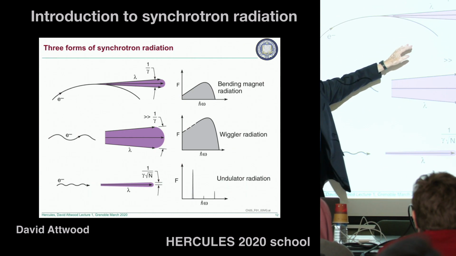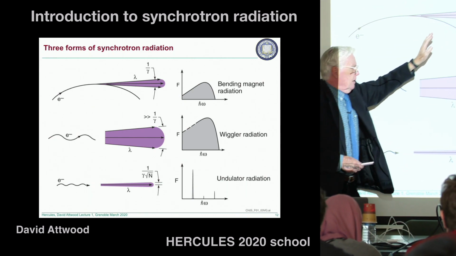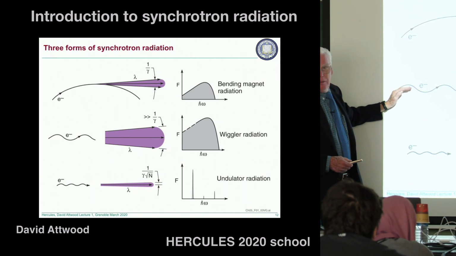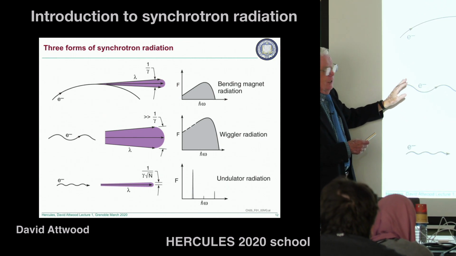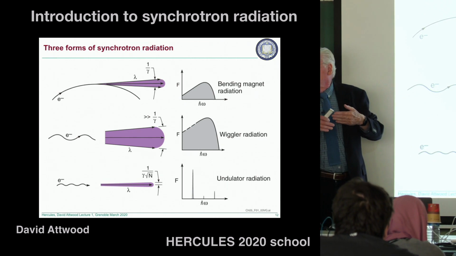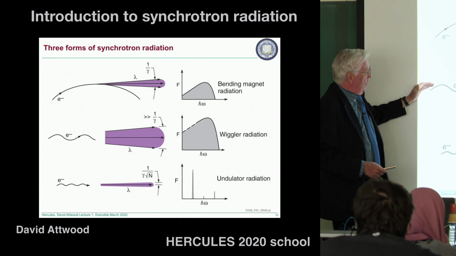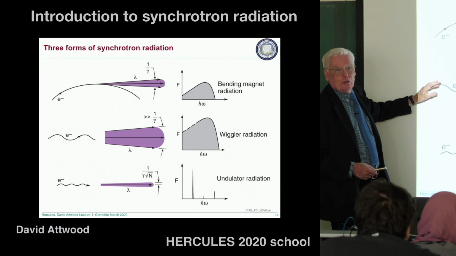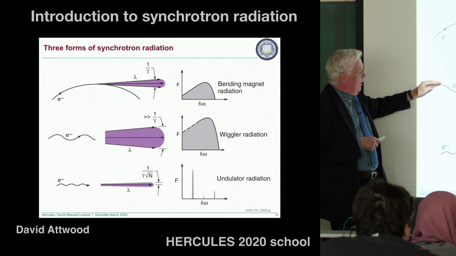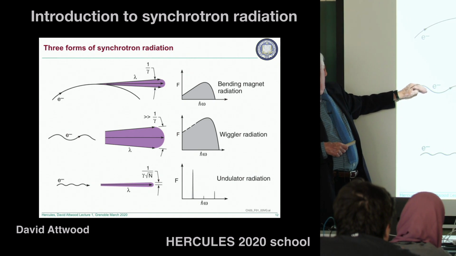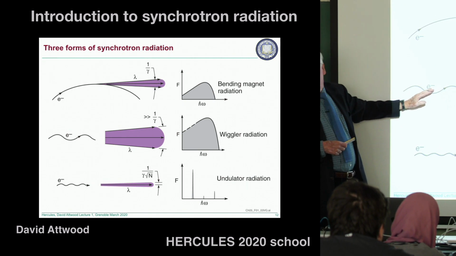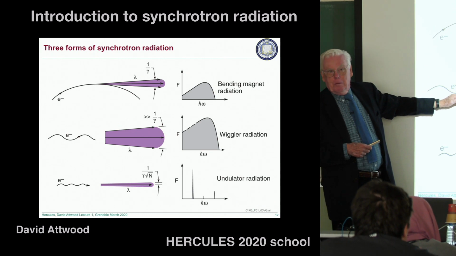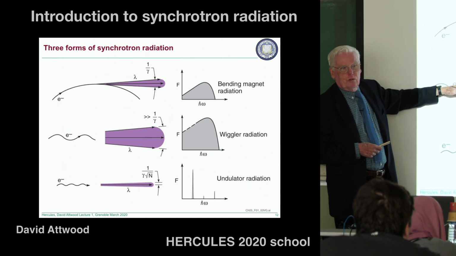Okay, so there's a limit on what you can do with the bending magnet. But with a wiggler, you could actually make a stronger field. A wiggler is like an undulator, but it's only a few periods, and the period is long. You can make the magnetic field much stronger, let's say twice as strong, and before the electrons hit the wall, you come to the other side and you go back. So you manage not to hit the walls with a stronger magnetic field.